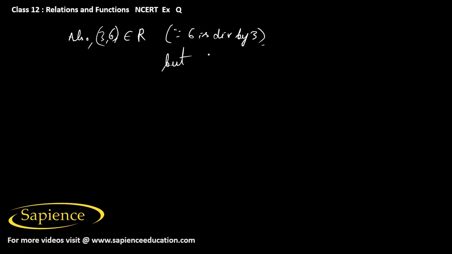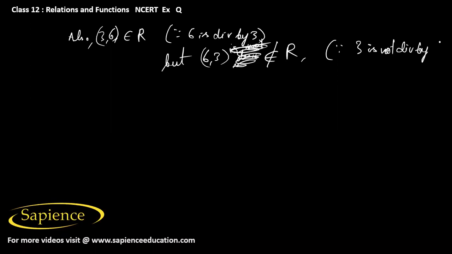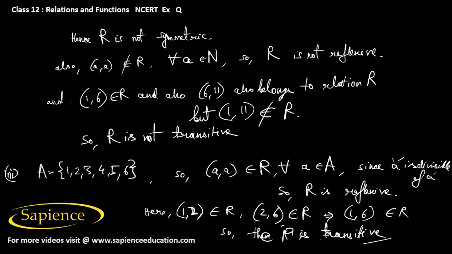But 6 comma 3 does not belong to the relation R, since 3 is not divisible by 6. So the relation R is not symmetric. So it is reflexive and transitive but not symmetric.